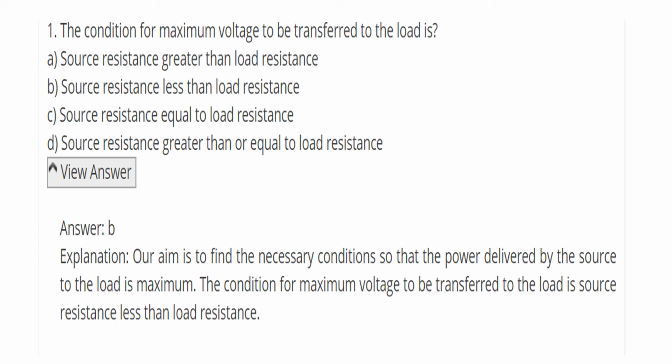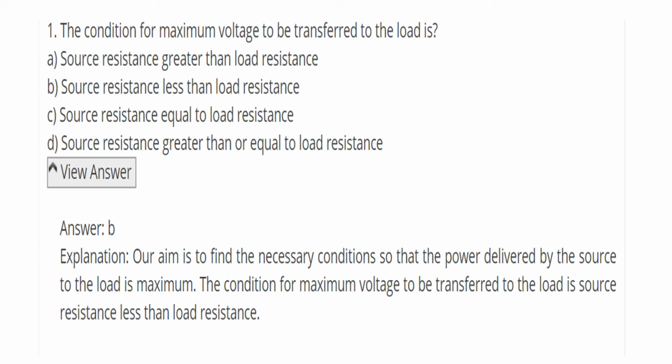Next, the question based on maximum power theorems. The condition of maximum voltage to be transferred to the load is: option A, source resistance greater than load resistance; B, source resistance less than load resistance; C, source resistance equal to the load resistance; and D, source resistance greater than or equal to the load resistance.